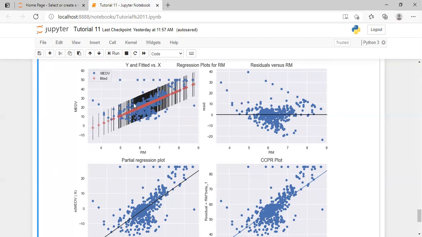But in regression, the outlier problem is not very significant unless we have very large values. We can also see black lines. These black lines give us a confidence interval of our point estimates.